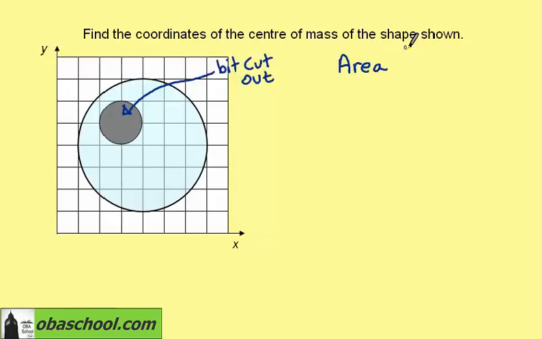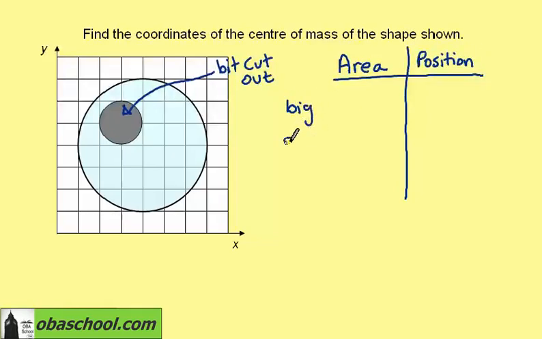The mass of each is going to be proportional to the area. We also need to know the position of the center of mass, as we consider our point mass to be at those coordinates. Let's look at the big circle and then the small circle.